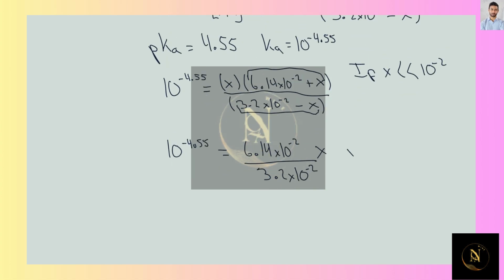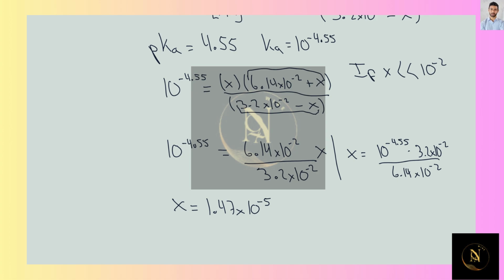Thus, x will be equal to 10 to the minus 4.55 times 3.2 times 10 to the minus 2, all of this divided by 6.14 times 10 to the minus 2. By solving this, using the approximation that I mentioned, we find a result of 1.47 times 10 to the minus 5.